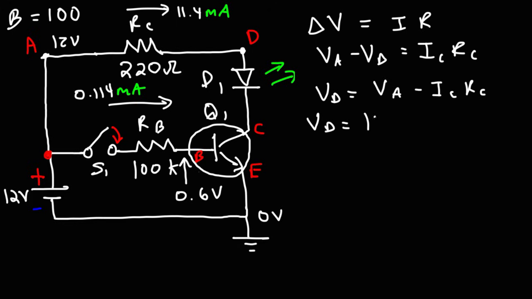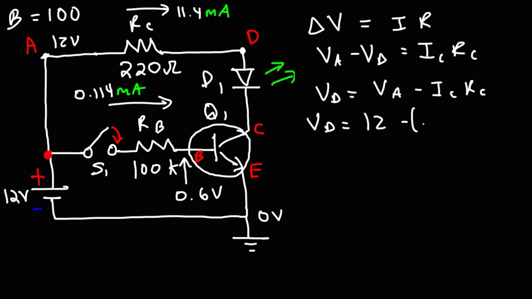So the potential at A is 12 volts. And keep in mind, VD is going to be lower than VA because the current flows from a high potential to a low potential. So it's going to be 12 volts minus the current of, now since this is in ohms, we want this to be in amps, 11.4 milliamps.